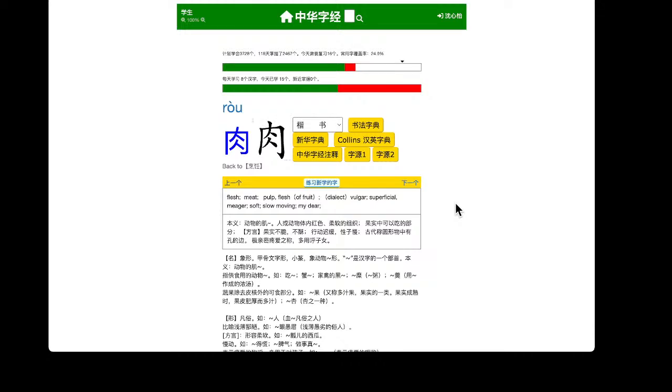Okay. Now, in some dialects, it has some other meanings. For example, if the fruit is not crispy, like mushy, they will say the fruit is 肉, because that refers to the texture feeling like animal flesh instead of crispy fruit. Now also they will refer to somebody moving very slowly.